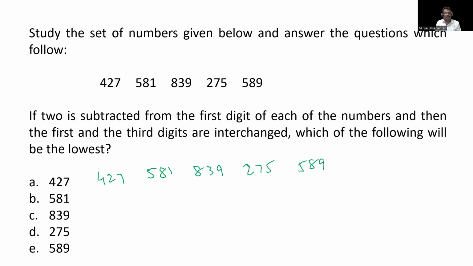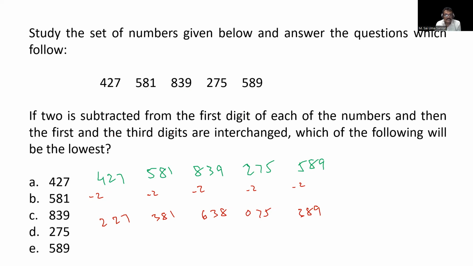Now, what we require? 2 is subtracted from the first digit. Two is subtracted from the first digit of each number. So then it becomes 227. This is 381. This is 639. This is 075 or 75. This is 389.